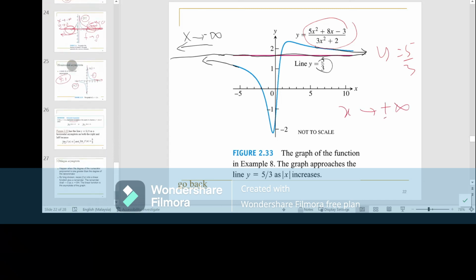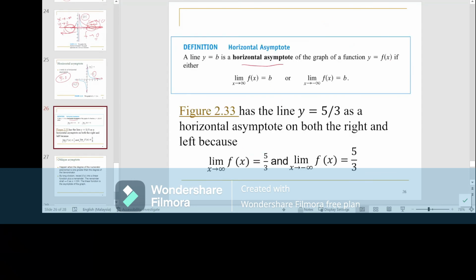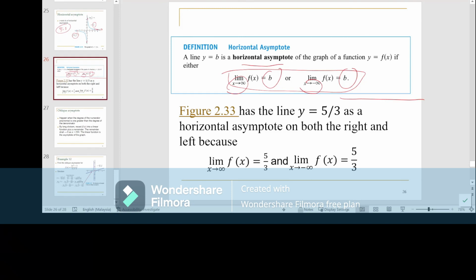So this is the definition of an asymptote. A horizontal asymptote has this behavior. In this particular example, the horizontal asymptote is the same whether x goes to positive infinity or negative infinity. If they tend to a constant, then you have a horizontal asymptote. But you have to be a little bit careful. Sometimes the horizontal asymptote for x tending towards negative infinity and x tending towards positive infinity may be different.